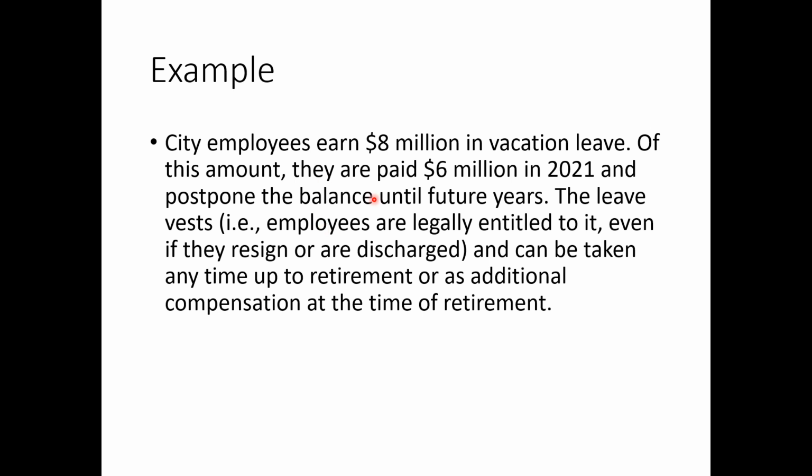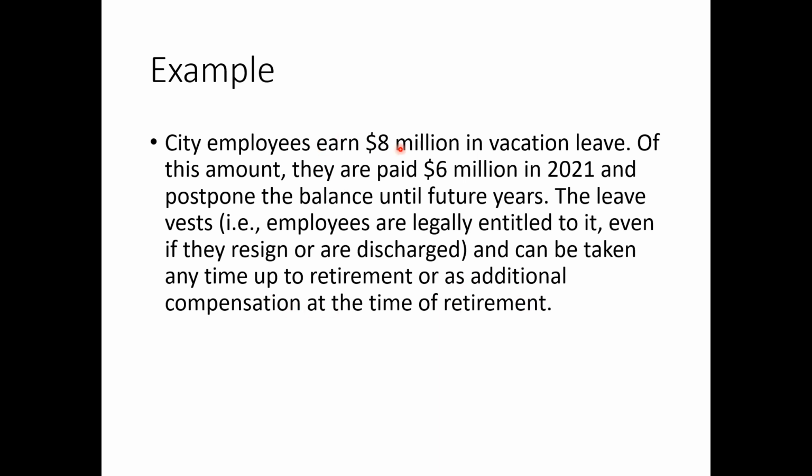So let's see this example. City employees earn 8 million in vacation leave. Of this amount, they are paid 6 million in 2021 and postpone the balance into future years. The leave vests, so even if they leave the organization, they still get it, and it can be taken any time up to retirement or as additional compensation at the time of retirement.